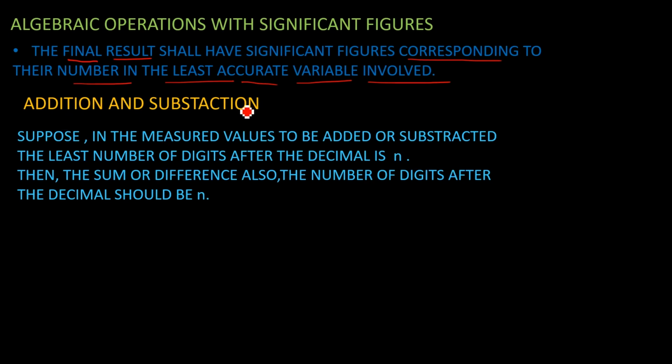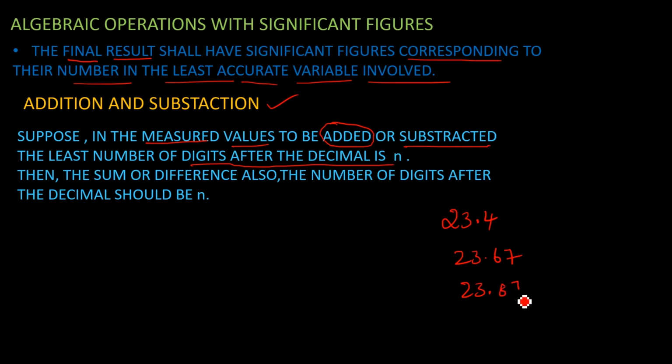Suppose you consider addition and subtraction. In the measured values to be added or subtracted, take the least number of digits after the decimal. For example, 23.4, 23.67, 23.876.